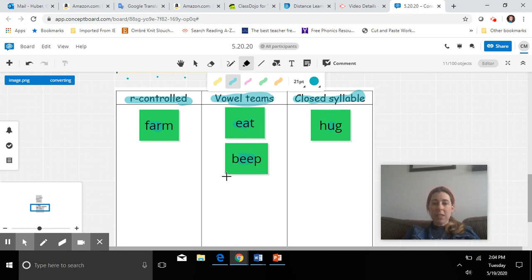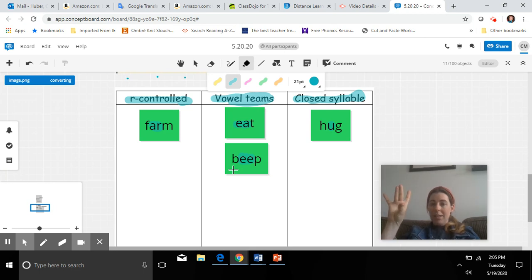Let's try the vowel teams. Both of these are new vowel teams. And I know when a vowel team starts with letter E, it's going to say E. So let me tap them out. Eat, eat. Good, this says eat. Let's try this one.